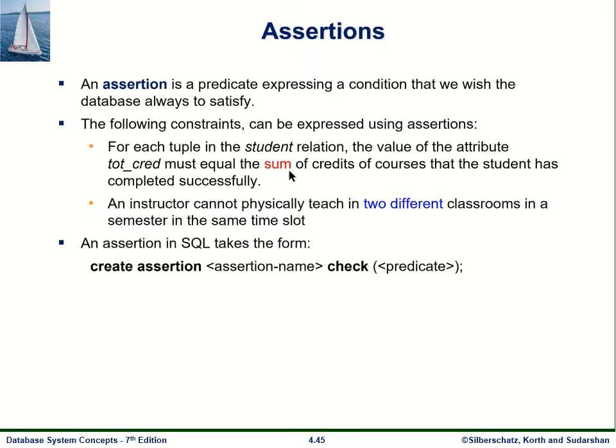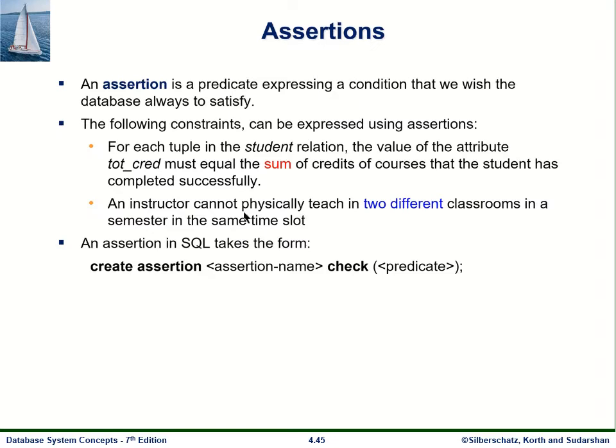You need to sum all the credits. Okay, this one still involves multiple tables, because the takes table says the student takes some courses and gets a lot of credits. So you need to sum all the credits of one student in the takes table, and then compare with the total credit in the student relationship.